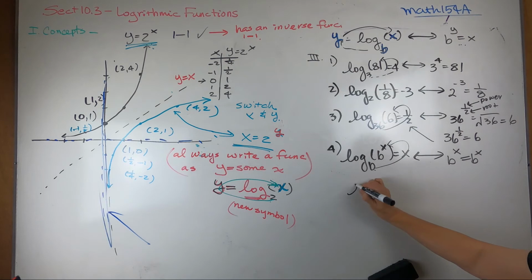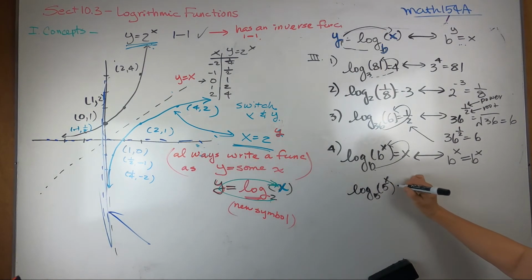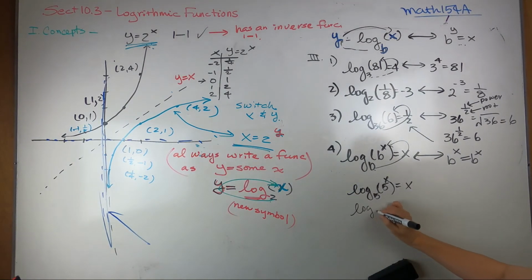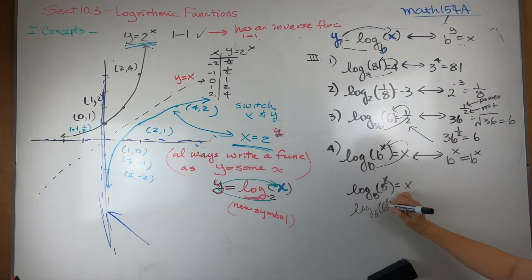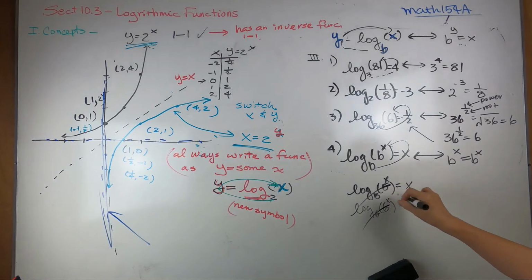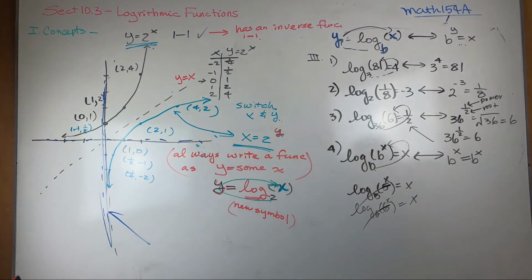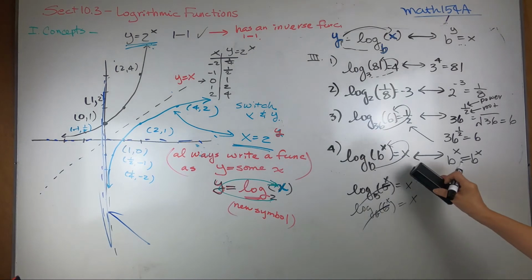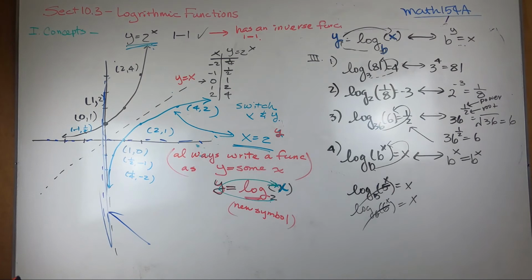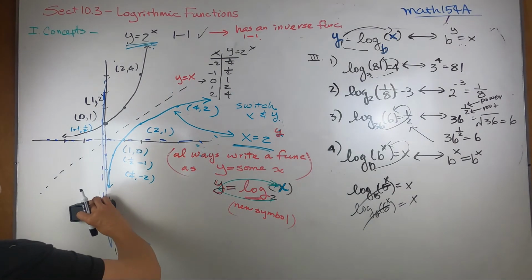That means if I write log base 5 of 5 to the x, that would be x, right? Log base 6 of 6 to the x would be x. So the base and the base kind of cancel out, and then you get the exponent position. This is one of the properties of the log that you will learn next time around.